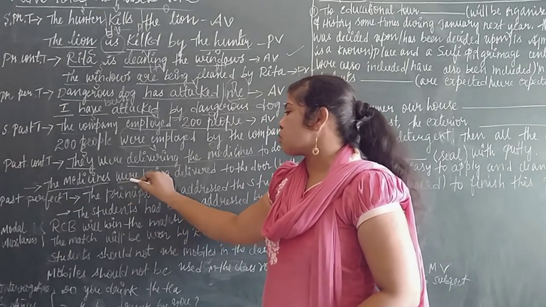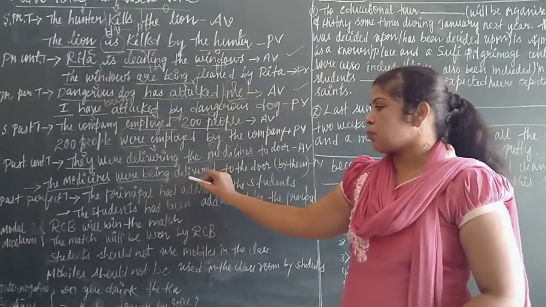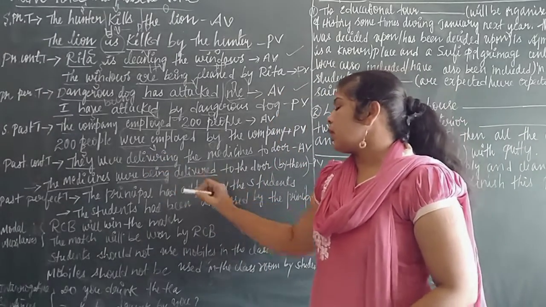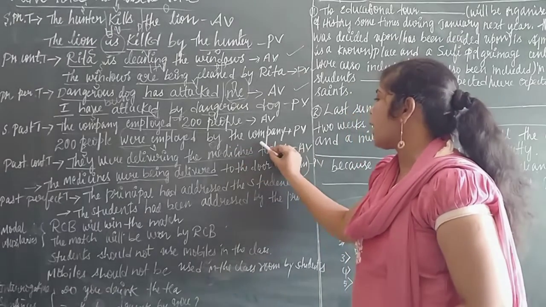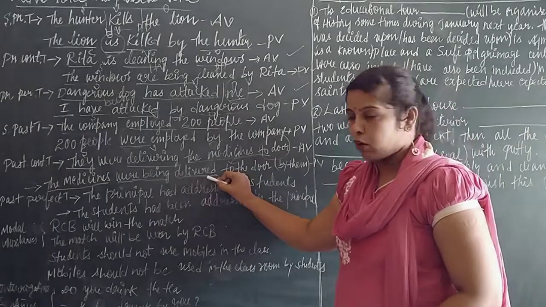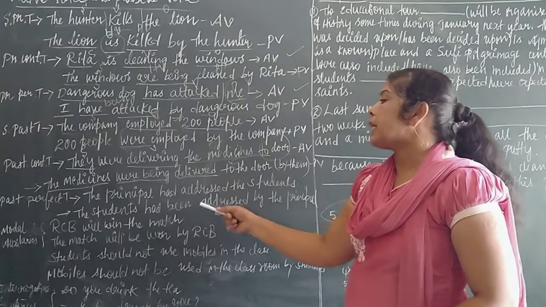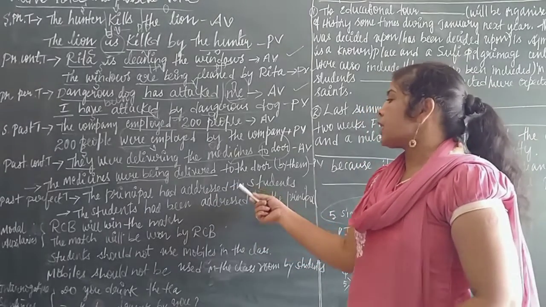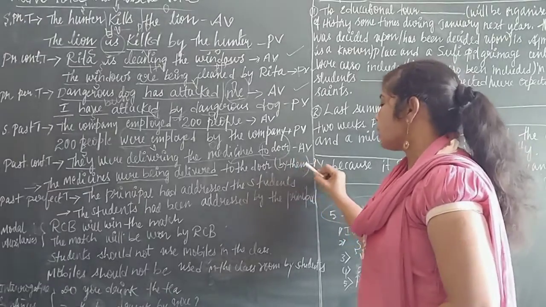The medicines were being. For deliver, the past participle form is delivered. The remaining part apart from the object has to be included immediately after the verb. So the medicines were being delivered to the door by them.